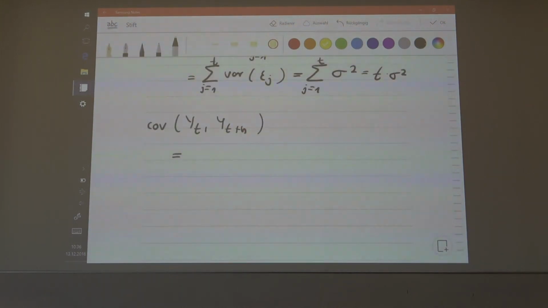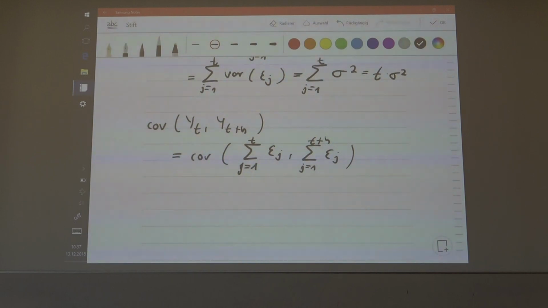So you only consider the sum of the noises from j equal to 1 till t, and the noises from j equal to 1 till t plus h, because these are the two time lags. Again, the additive constants don't play a role here.